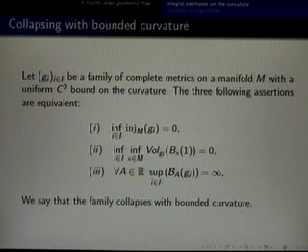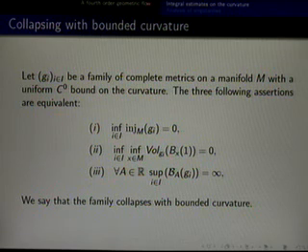If you take a family of complete metrics, on a manifold that is not necessarily compact, with the curvature uniformly bounded in a C^0 sense, then the first two assertions are classical. That is, having a positive lower bound on the injectivity radius is equivalent to controlling the volume of unit balls if the curvature stays bounded.